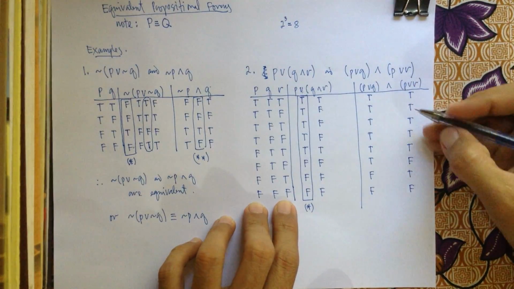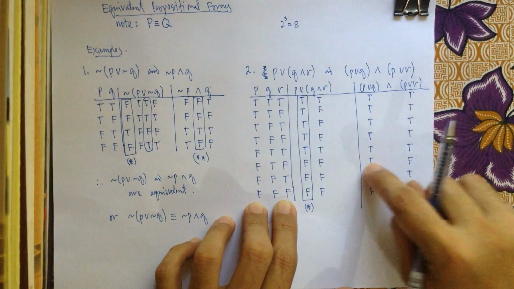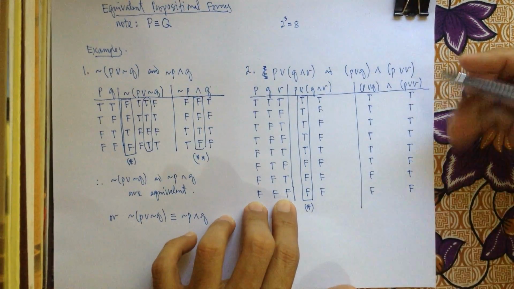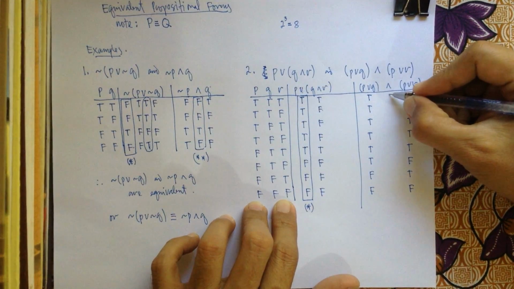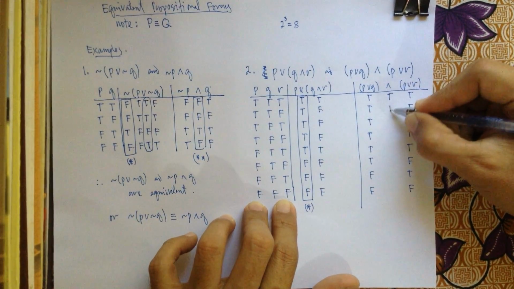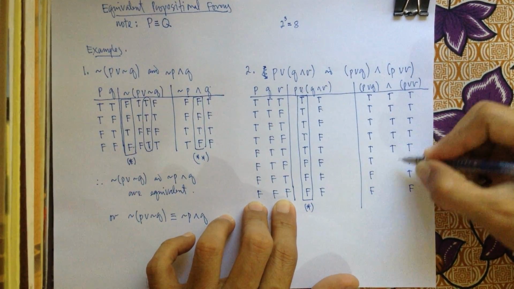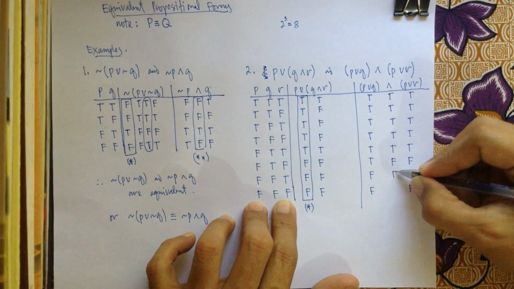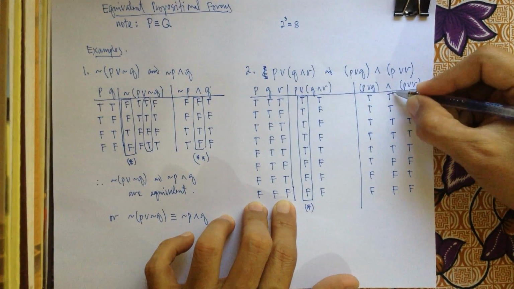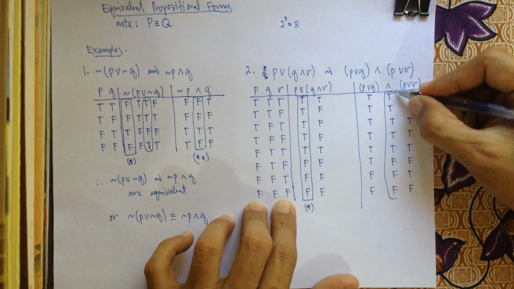And then for our final column, we relate these two columns under and. So this is true, true, true, true, true, false, false, false.